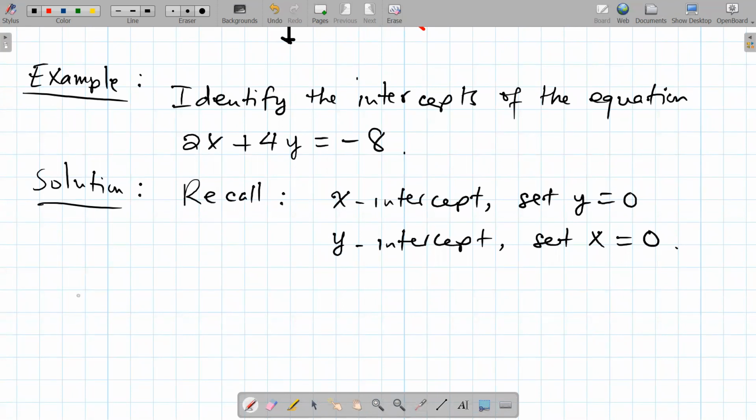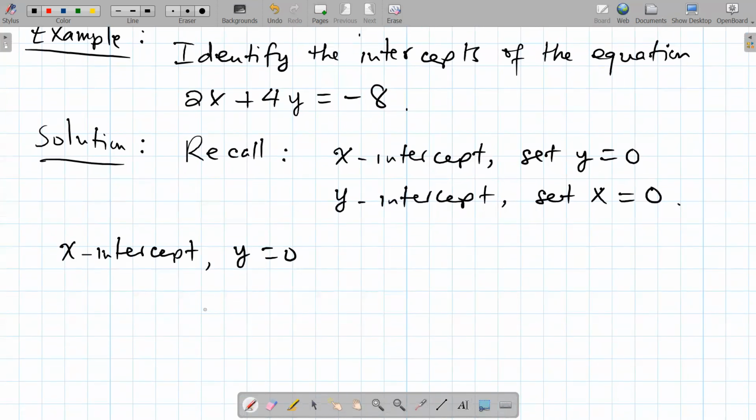Okay, so I'm going to go ahead. So I'm going to look for my x-intercept. For the x-intercept, y is 0. So I'm going to go to the equation. The equation is 2x plus 4y equals -8.